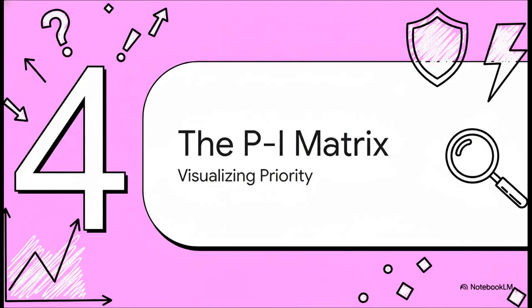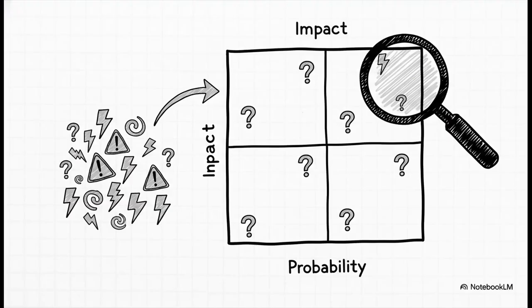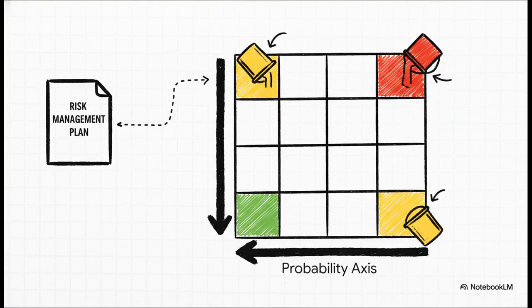Let's now turn our attention to the central tool used in this process. For the PMP exam, you absolutely must be an expert on the probability and impact matrix. This matrix is a beautifully simple, yet incredibly powerful grid that lets us visually plot every single risk we've identified. Its purpose is to determine a risk's priority quickly and clearly, making it an excellent tool for communicating with our stakeholders. Now listen closely, because this is a very common subject on the exam.